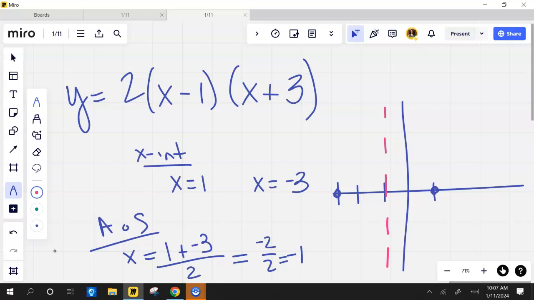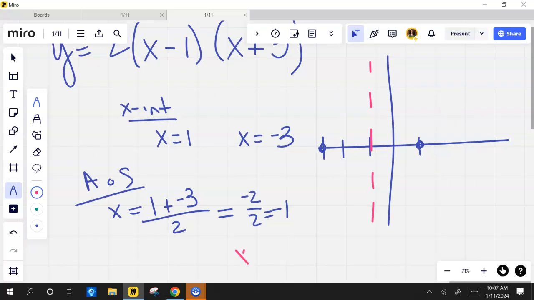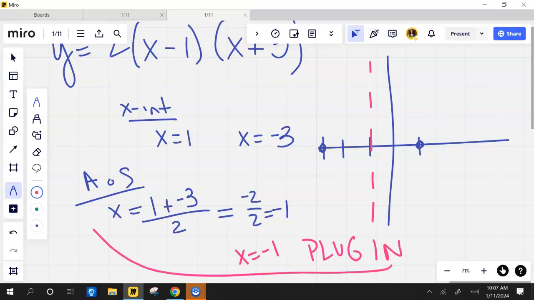Now let me ask you this. If you have the axis of symmetry and you need to know where on the axis of symmetry you go to put the vertex, what do you do? Plug it in. We're back to where we were in standard form. So if I know x equals -1, well, then I can just plug that back in way up here to find the y that goes with it. Does that make sense?